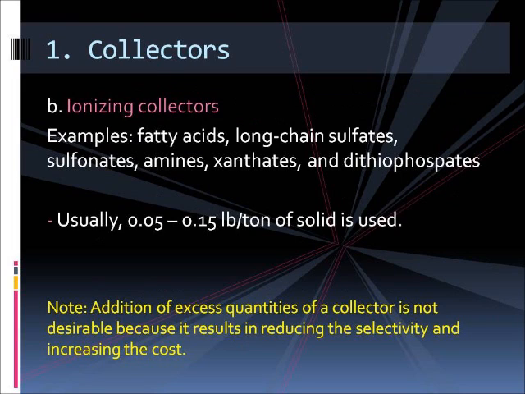Examples of ionizing collectors are fatty acids, long-chain sulfates, sulfonates, amines, xanthates, and dithiophosphates. Usually, 0.05 to 0.15 pound per ton of solid is used.